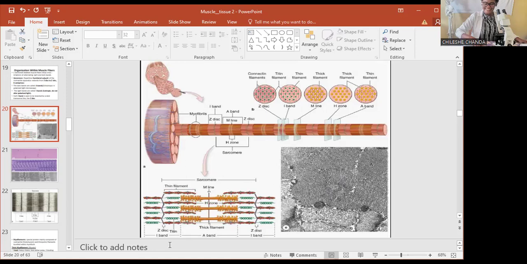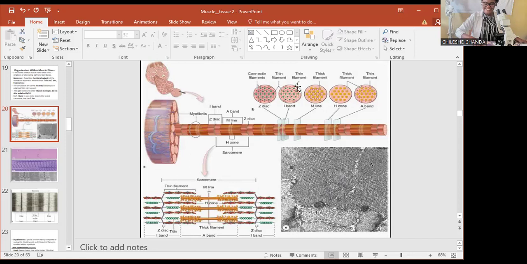whatever is there is what you'll be able to see in these circles that are showing you here. So for example, if you cut this sarcomere at the light band, at the I band, where there is just the thin filament, okay? The question is, what are you able to see?